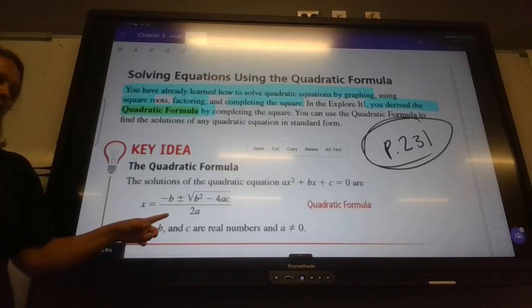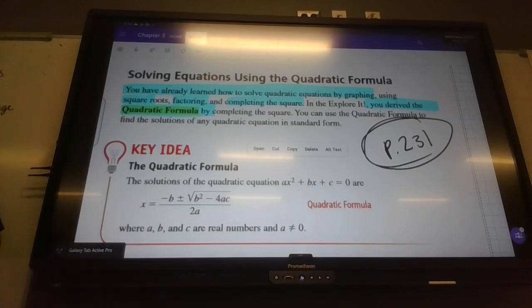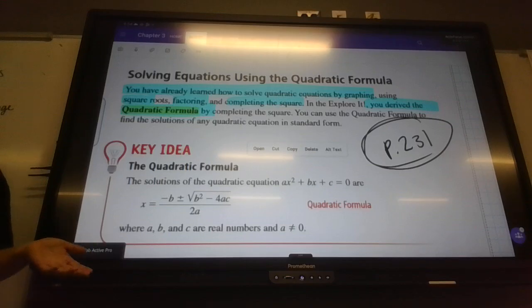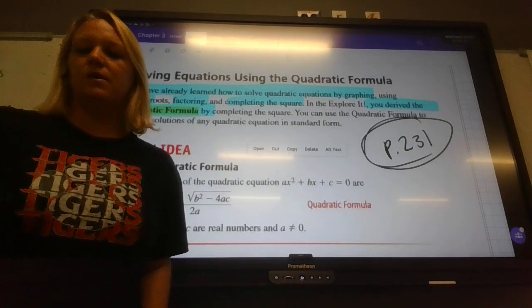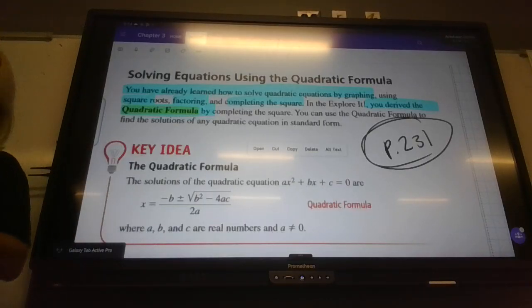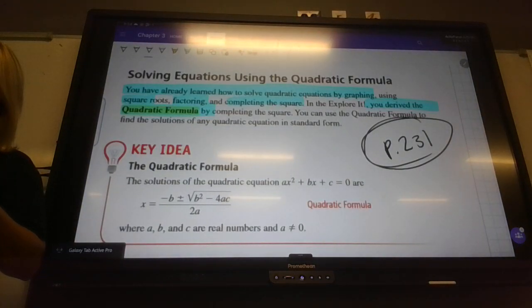This is not given to you for the SAT, so you do have to memorize it for this class. What you will do is plug in a, b, and c to this formula and simplify it, and that gives you the answers. One thing I want you to know in the assignment today: not every equation is set equal to 0. For the formula, your equation must be set equal to 0.